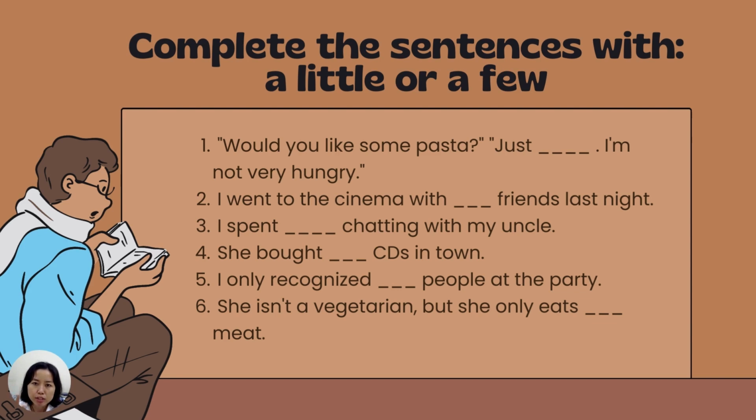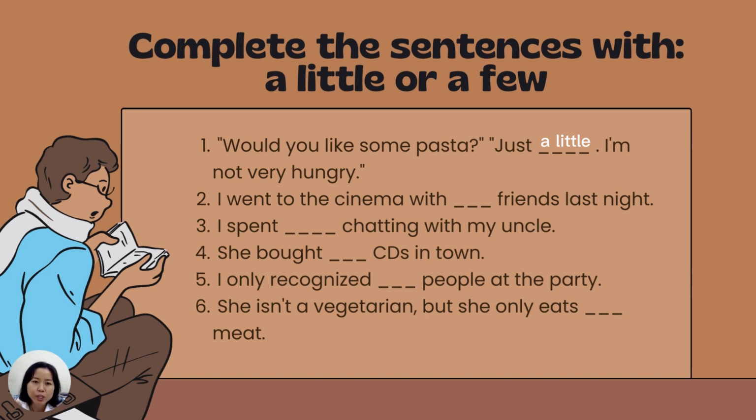Pasta. Good. In your opinion, is pasta uncountable or countable? It's uncountable. Perfect. So when we have an uncountable noun, we should use a little. So, would you like some pasta? Just a little. I'm not very hungry.